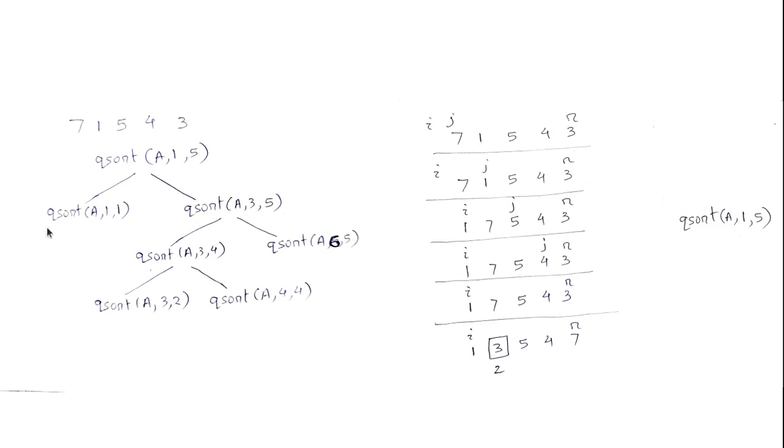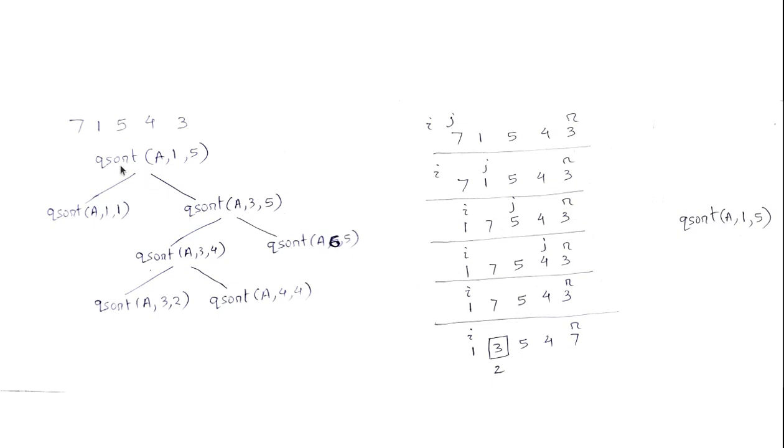So I have already drawn this recursion tree for the convenience of the users, and we will refer to this one, and we will also create the stack, and we will push the calls one by one and we'll see.